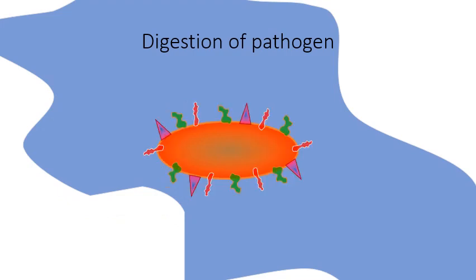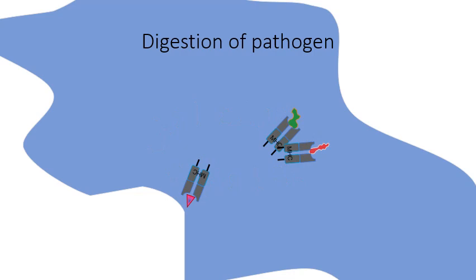Now what you're seeing on the screen now is a very simplified version of what happens when this particular phagocytic cell, so either a dendritic cell or a macrophage, digests the pathogen.